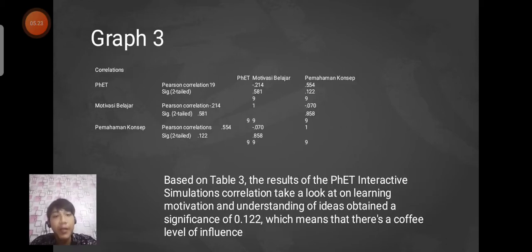In graph 3, based on table 3, the result of the PhET interactive simulation correlation test on learning motivation and understanding of concepts obtained a significance of 0.122, which means that there is a low level of influence.